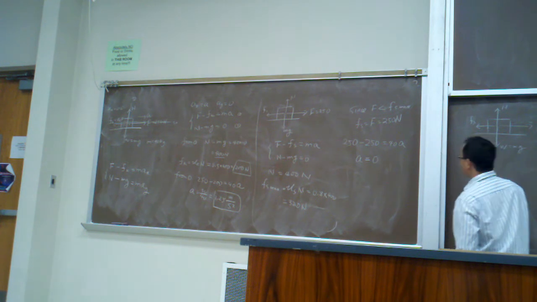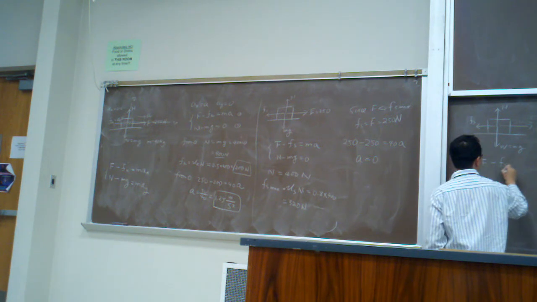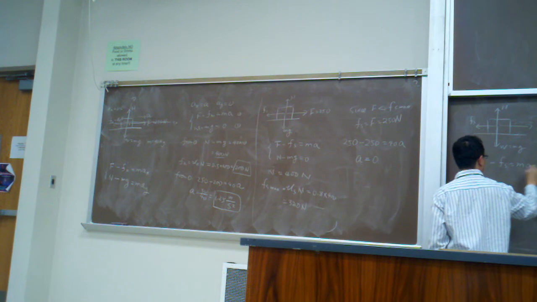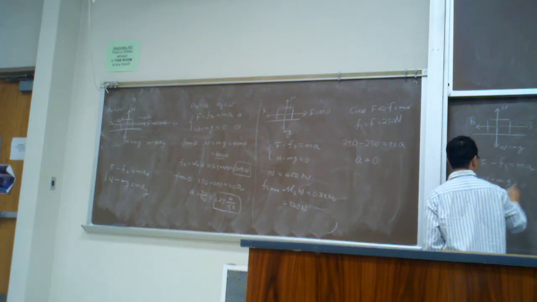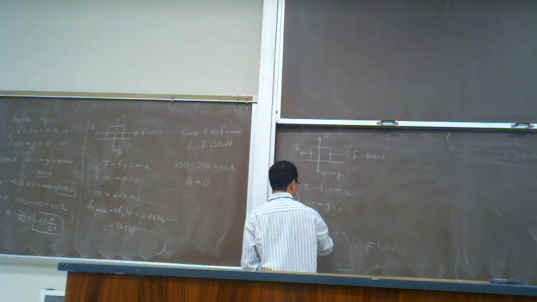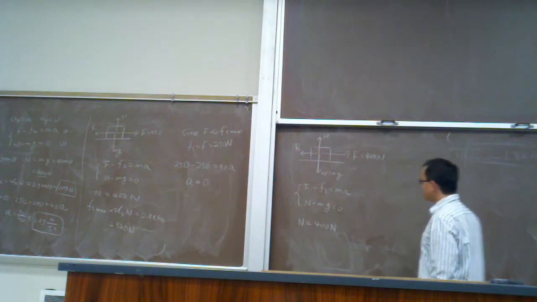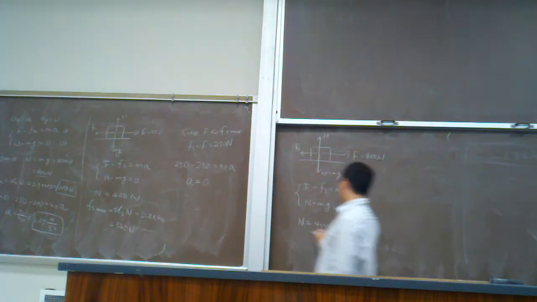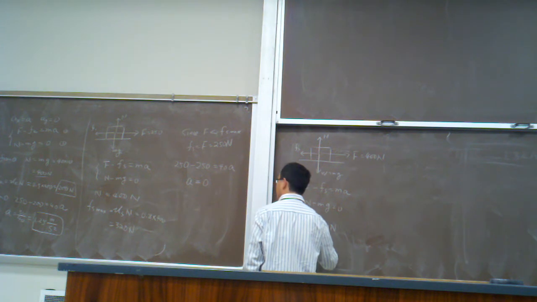Similarly, you are going to have the equation F minus Fs equals ma, and N minus mg equals 0. So from the second equation, you can solve for N equals 400 Newton. These things will be the same. What's different here is, of course, the maximum static frictional force is 320 Newton.